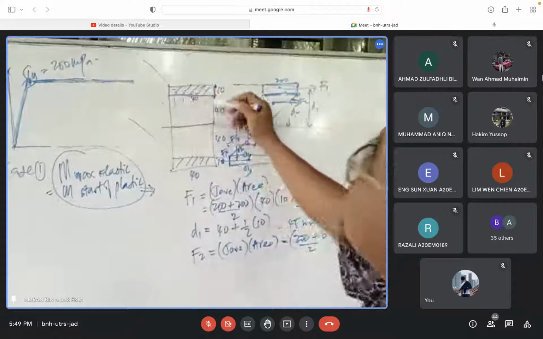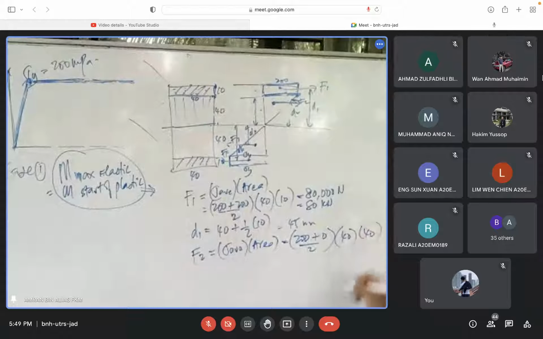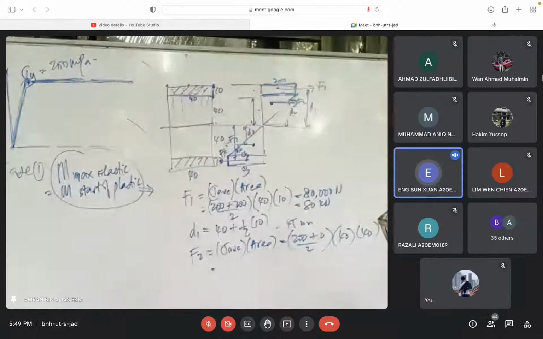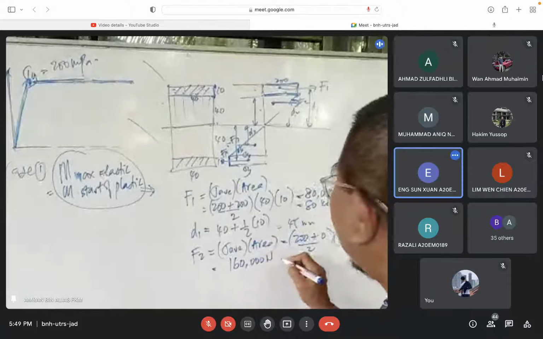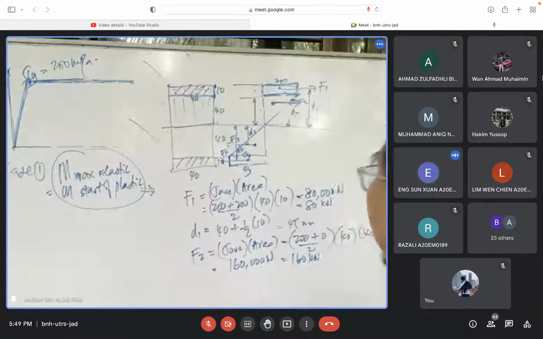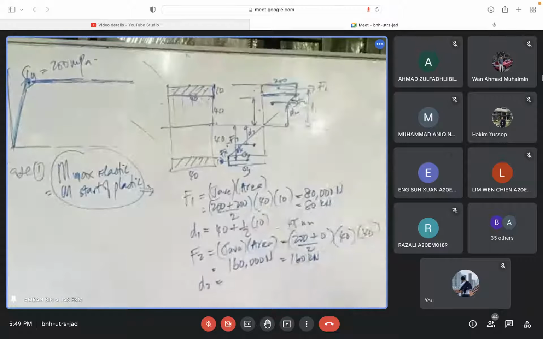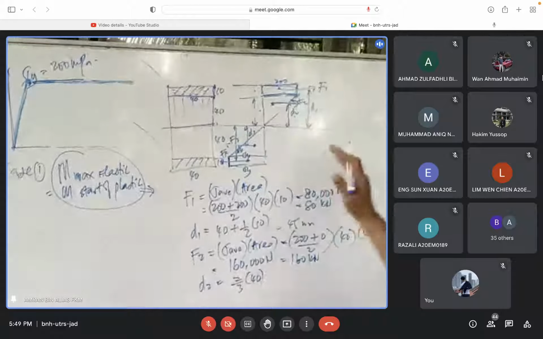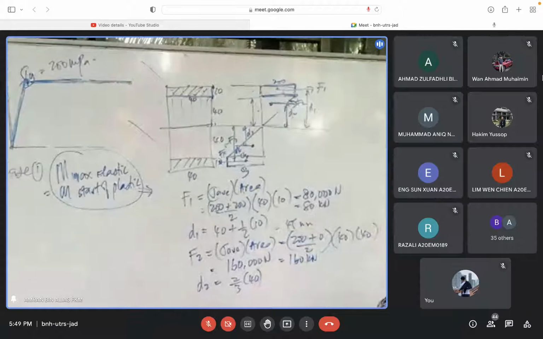So what is the value there? 160,000 Newton, so it's equal to 160 kilo Newton. What is the D2 there? 2/3 of 40. So everything is clear there. Only then you calculate.